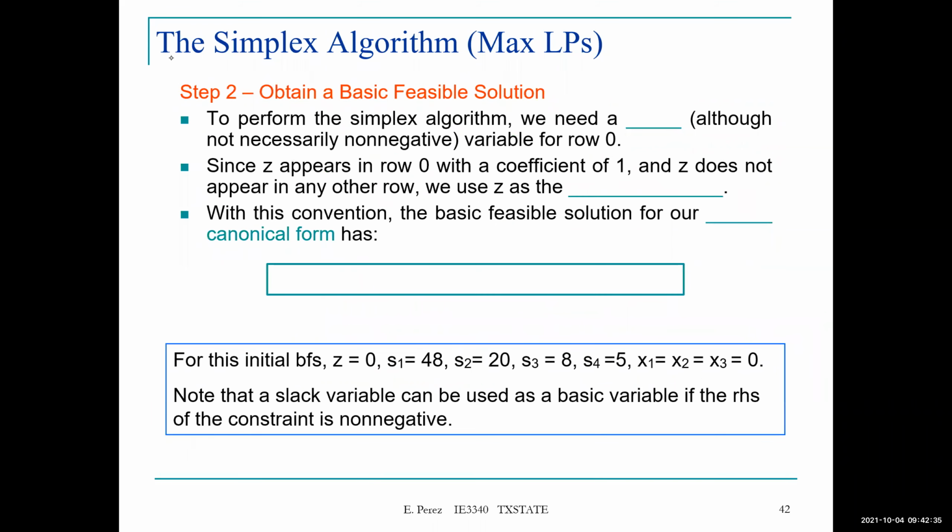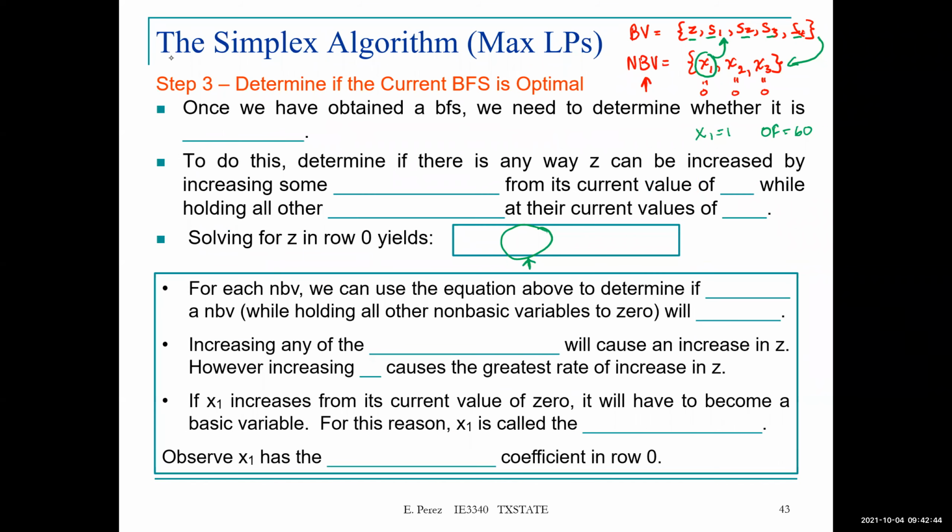So the next step is to make sure that we find out if we have an optimal solution. So again, we're going to look at the coefficients of row 0.